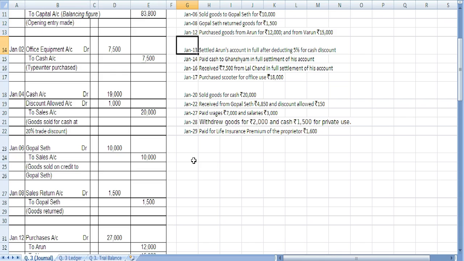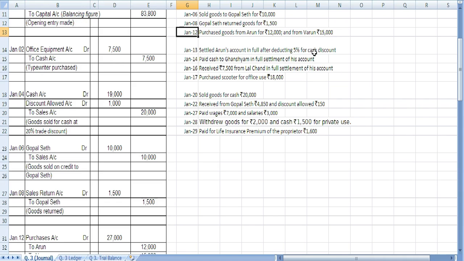Then we have next January 12. Purchased goods from Arun for 12,000 and from Varun 15,000.